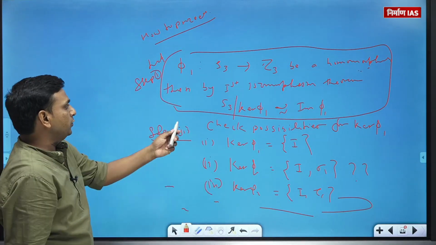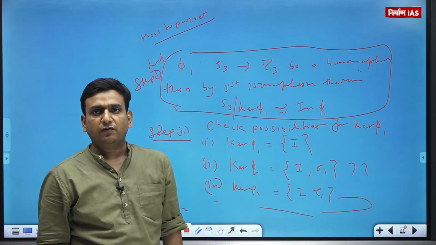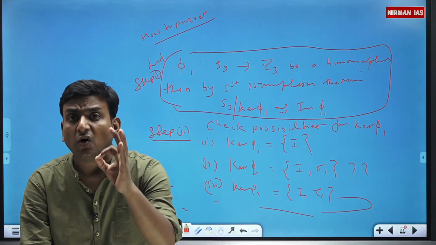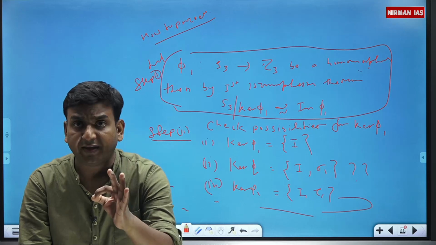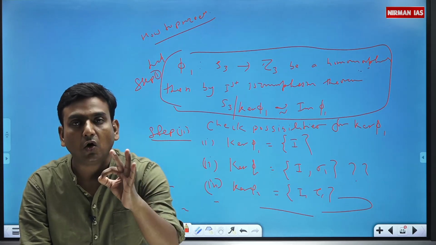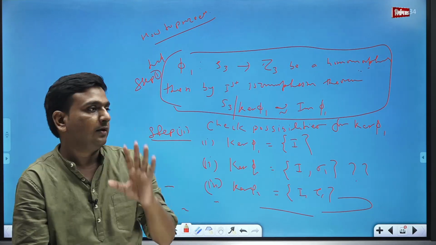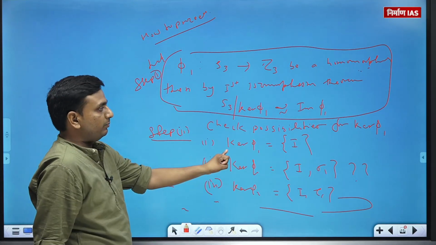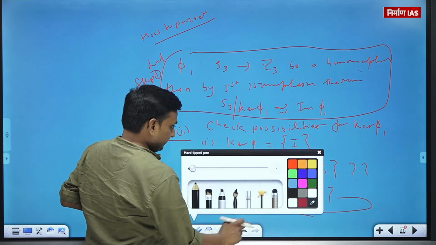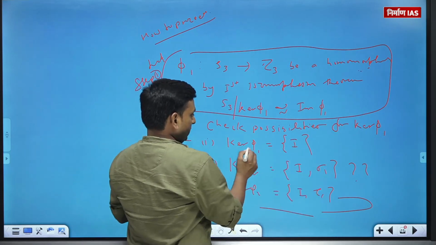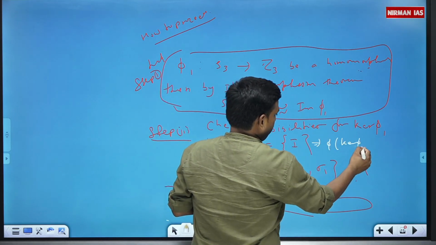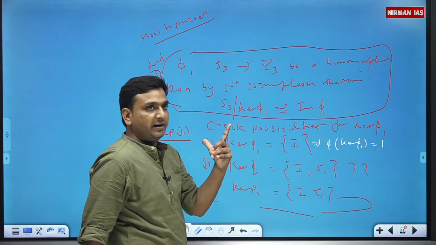So how do we use this first isomorphism theorem? We check possibilities of kernel phi. Please be here. Let's say this is the possibility. If this is the possibility, then what will be the order of kernel phi here? 1, because there is 1 element here.